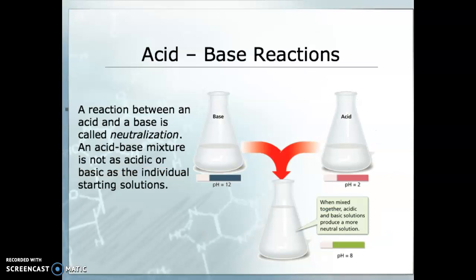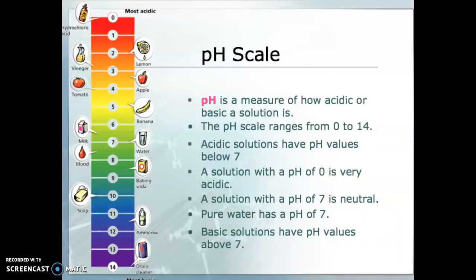If you look at acids, they're 0 to 6, and then bases are 8 to 14. So 0 is going to be the most dangerous you could possibly have, which is hydrochloric acid.